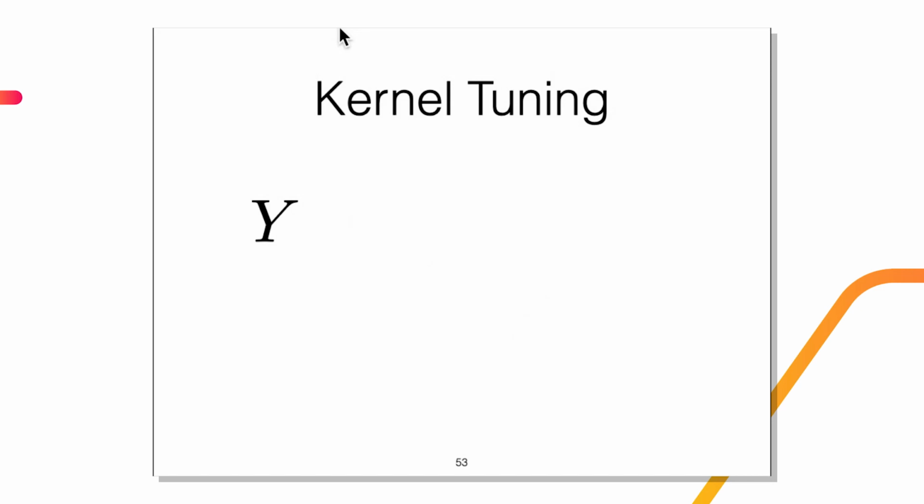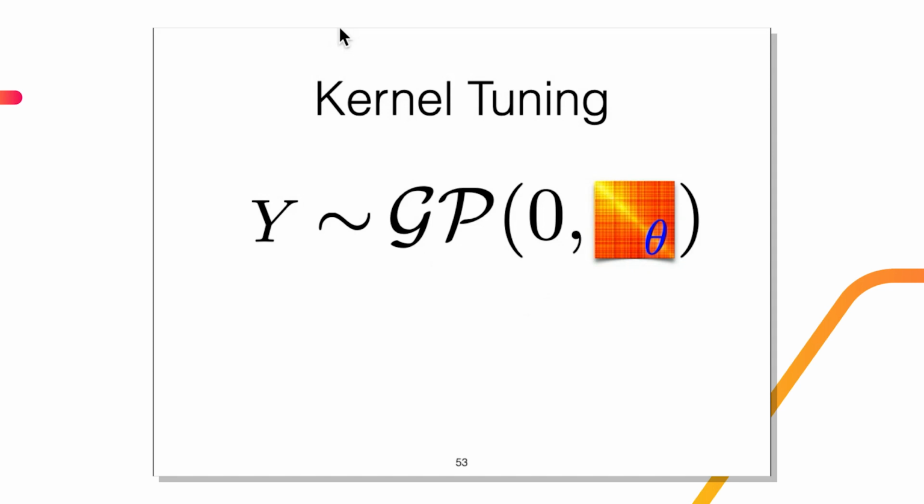That's with optimizing the marginal likelihood. So we saw that Y is given by a Gaussian process, given by a covariance function that we just saw. This covariance function depends on some parameters theta, which are called the hyperparameters. How do we tune these hyperparameters? Well, we find those hyperparameters which increase the likelihood that this prior distribution has generated the data that we measured.